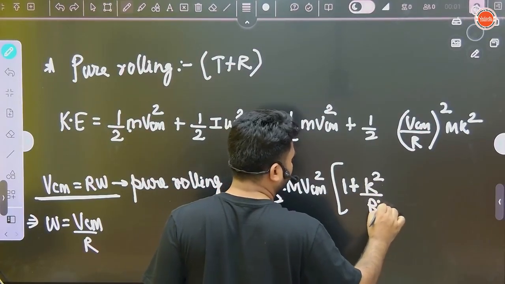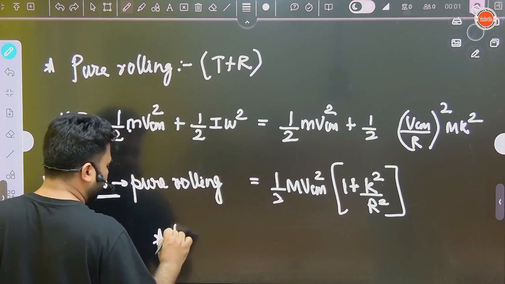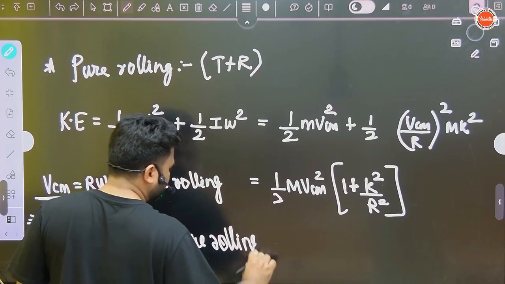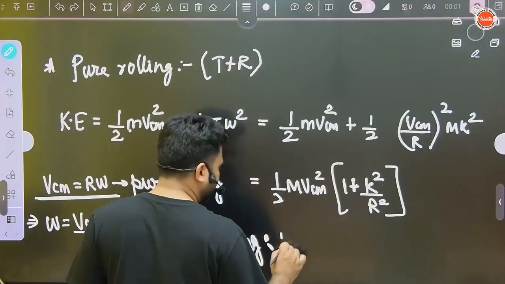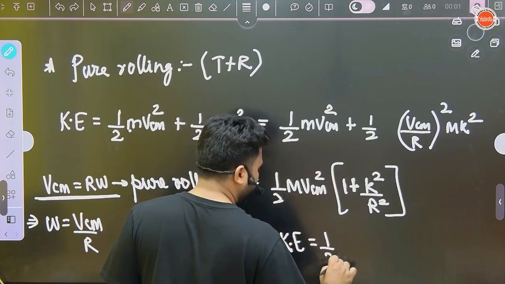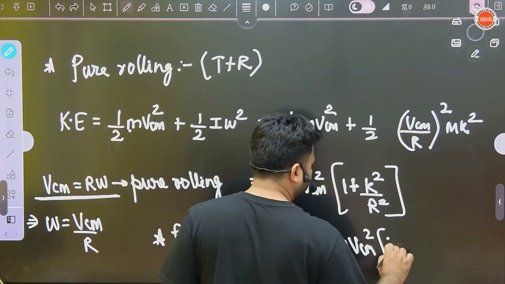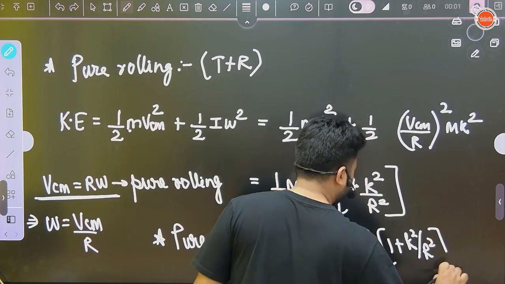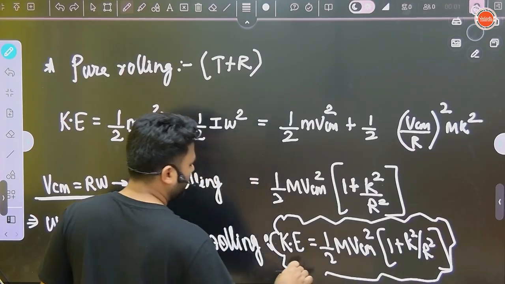I have proved this; you just need to remember that if the object is doing pure rolling, they will ask directly: what is the kinetic energy? The formula is half m v_cm square times bracket 1 plus k square by r square. This is the kinetic energy in pure rolling.